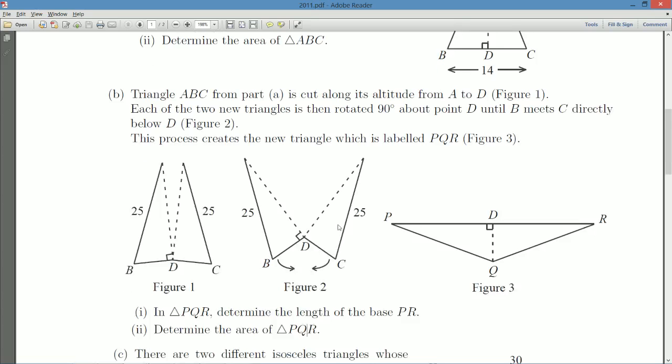Or we could make the argument that DQ is the exact same length as BD and DC, so this is going to have an altitude of 7. We figured out BD and DC in the last part. We figured out that that was 7. So we could do either way. It really doesn't matter.